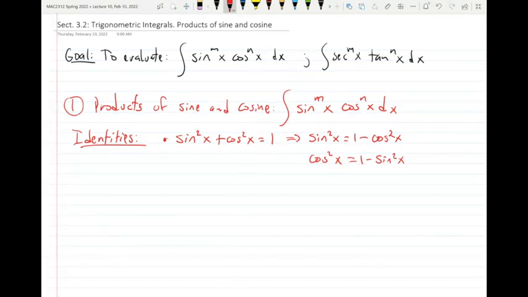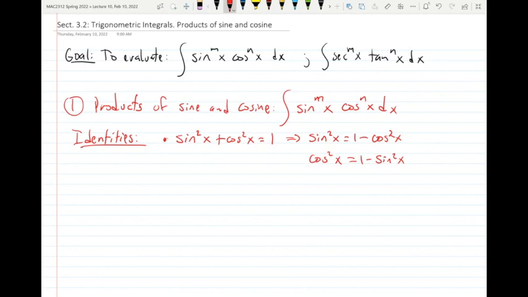So think of this as a way of turning sines into cosines or cosines into sines. All you need is an even power. Every time that I have sine to an even power, I can turn that into a bunch of cosines. And similarly, if you have cosine to an even power, I can convert that into a bunch of sines.